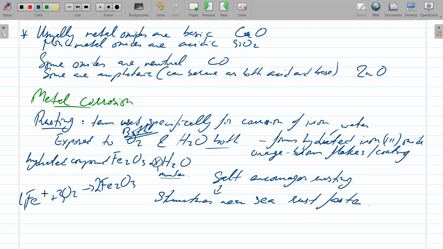Iron's oxidation state is 0. So here the oxidation state is +2, which means it is being oxidized. We're not talking about whether it's an oxidizing agent. Iron is being oxidized, which means it is losing electrons.